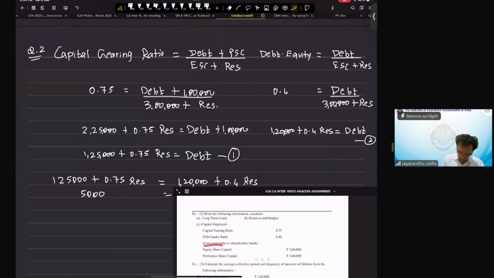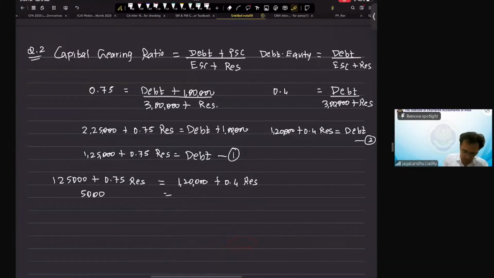So this is long-term debt to shareholders funds. When you say shareholders funds, we are going to include the preference share capital also over here. The equity share capital plus reserves plus preference share capital.